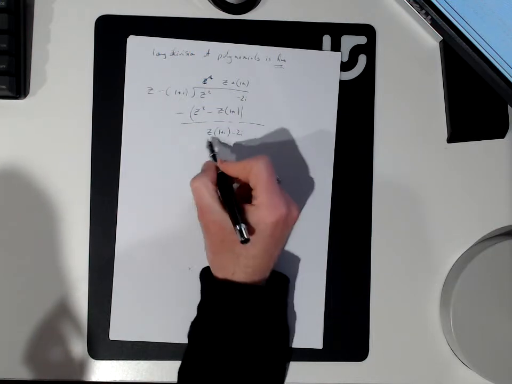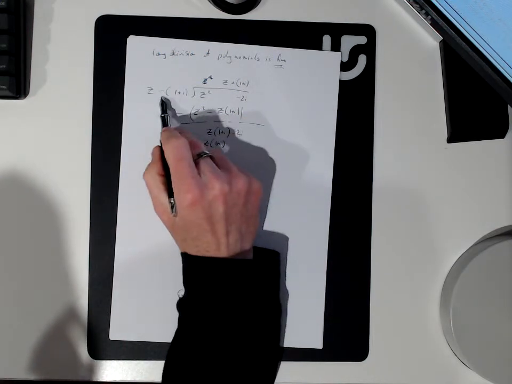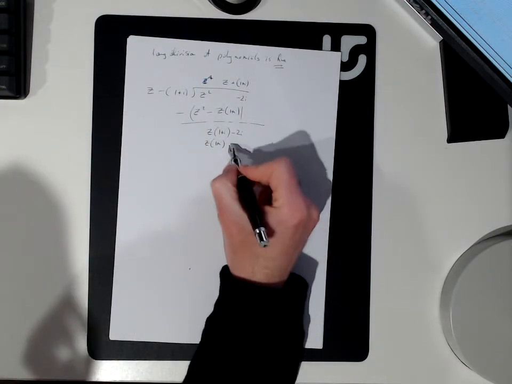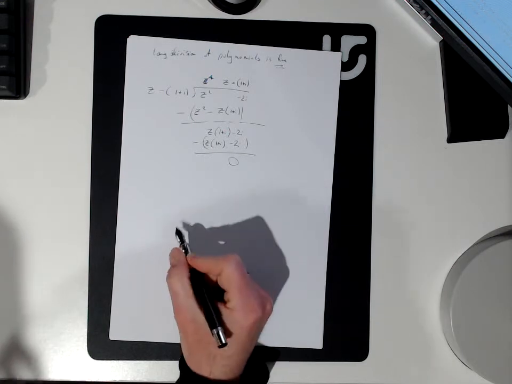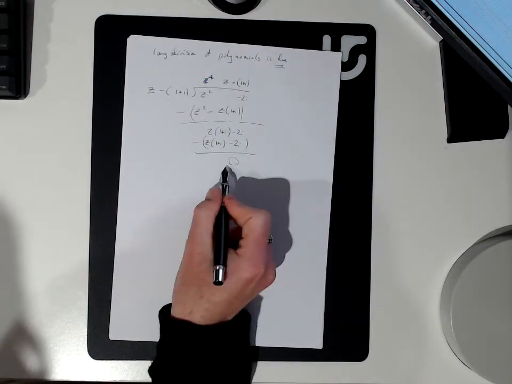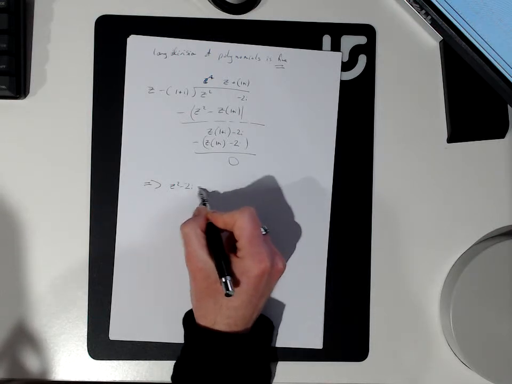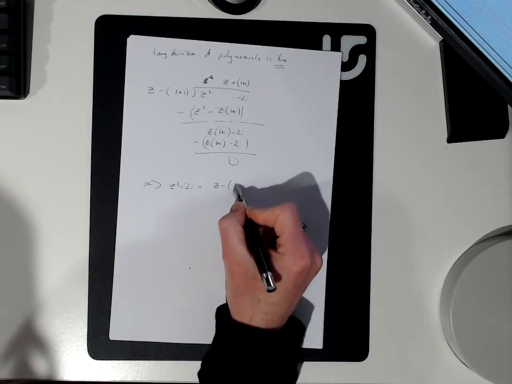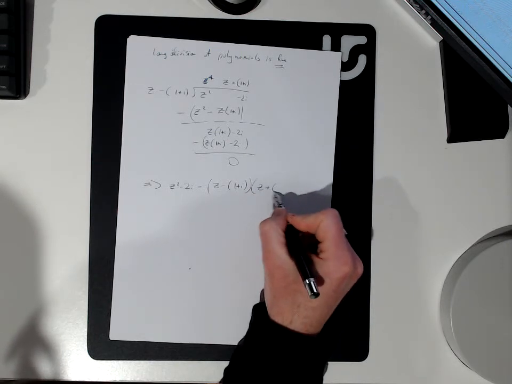So (i plus 1) times z is z(i plus 1), and (i plus 1) times minus (i plus 1), as we just worked out, is minus 2i. Subtract all of that off, 0. Long division, and because the remainder is 0, this implies that z squared minus 2i is equal to (z minus (1 plus i))(z plus (1 plus i)).